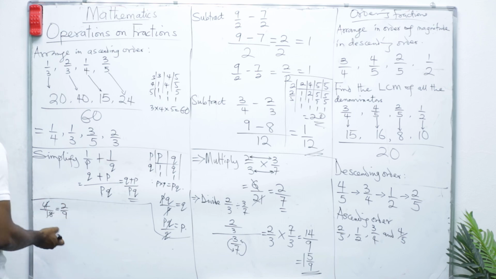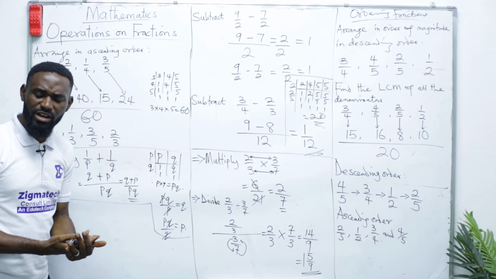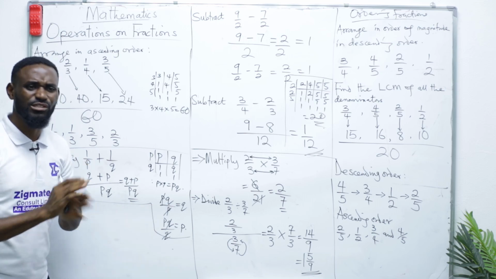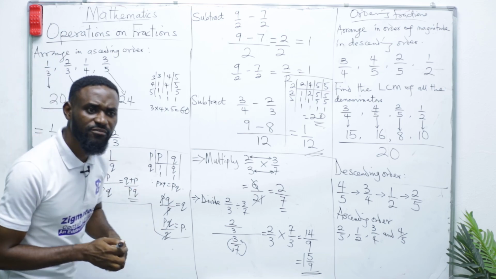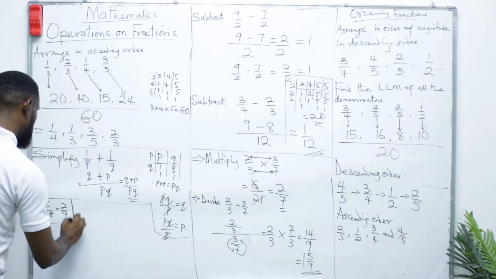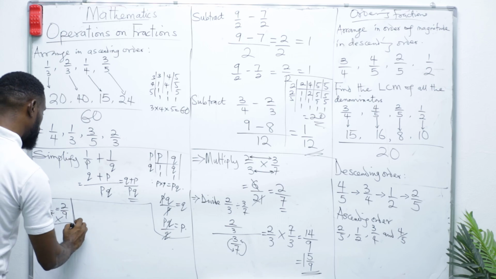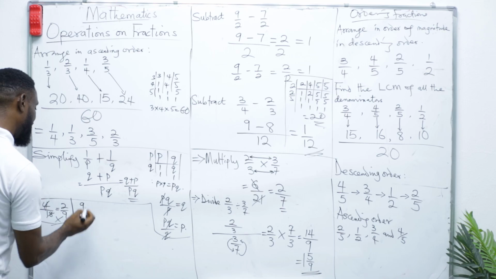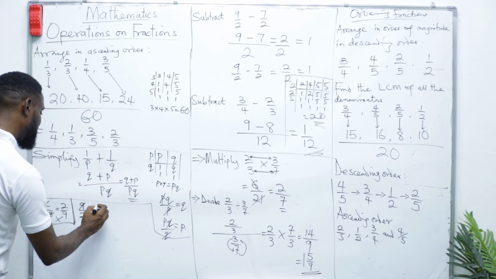So this is 9 over 2, which is not equivalent to 3 over 5. So that's why I said that is not even considered at all. Then we have 9 over 27. Okay? 3 into 9 is 3.